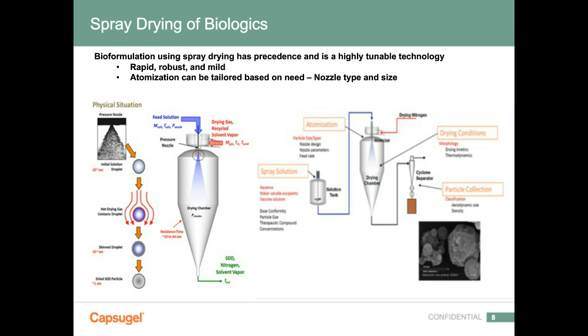There is a selection in the nozzle design, nozzle parameters. You vary the feed rate itself. That can impact overall throughput and also stresses within the particles or materials within the solution itself. The drying conditions will define morphology and the kinetics and thermodynamics. And ultimately the collection, which is based on the density and the cyclone design.